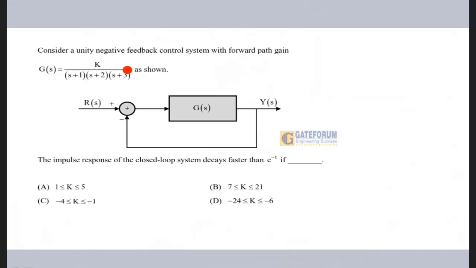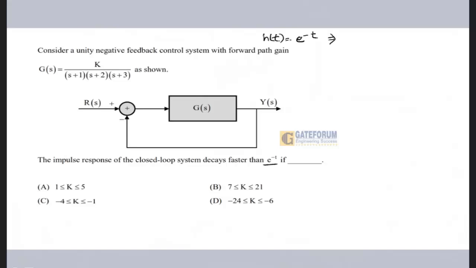What they're asking is, the impulse response of the closed loop system decays faster than e to the power minus t if. Here you can see that they have told us the impulse response of the closed loop system decays faster than e to the power minus t.